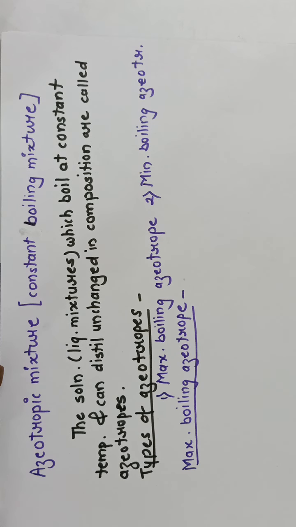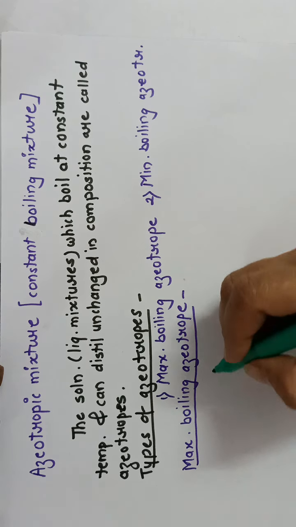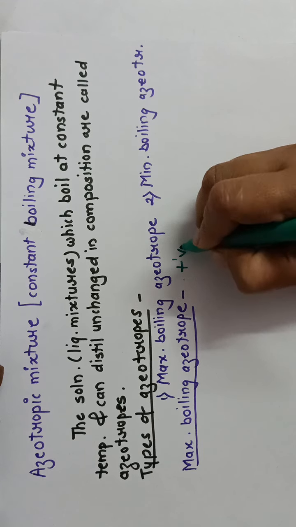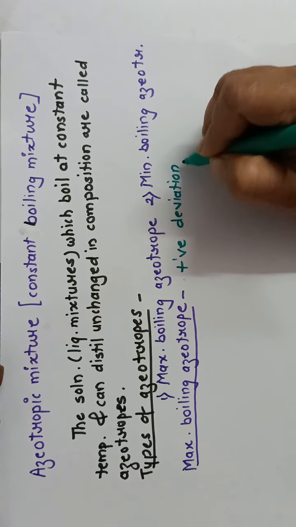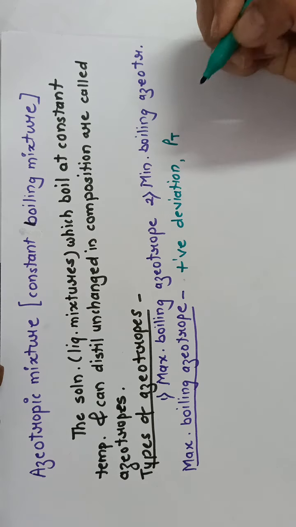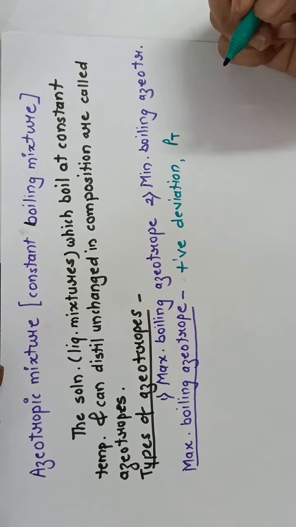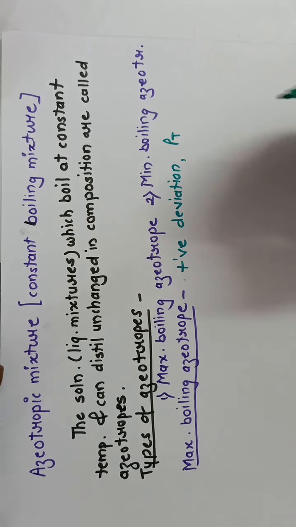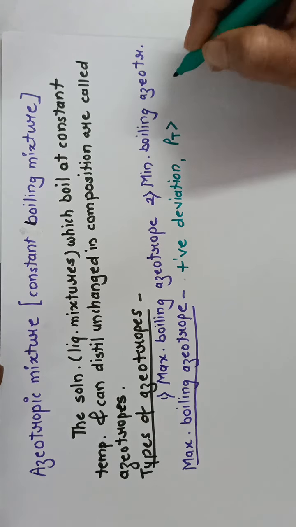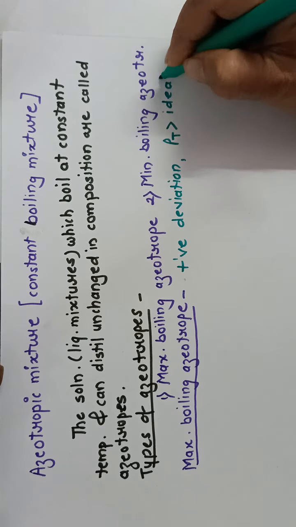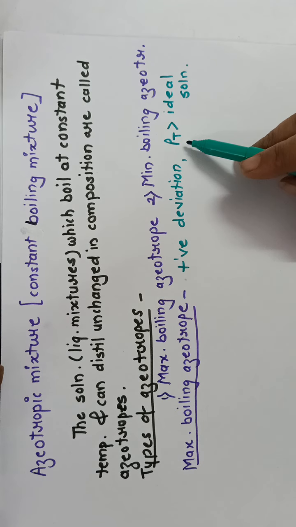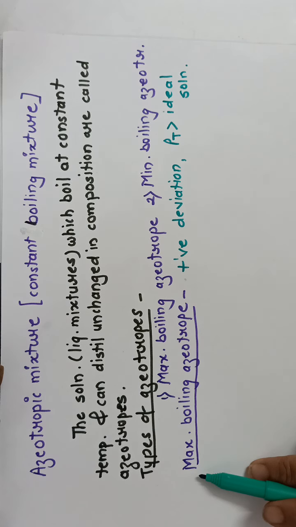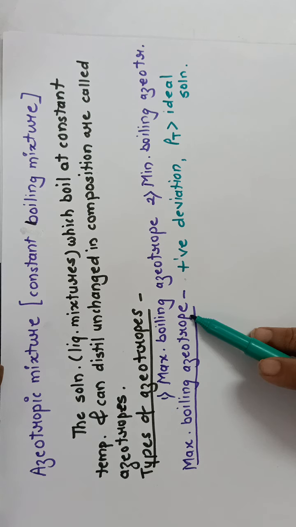Just now we have seen that the solutions which show positive deviations, their total pressure is greater than that of expected ideal solution, and since total vapor pressure is greater, their boiling point will be lower and hence they will be called minimum boiling azeotrope.